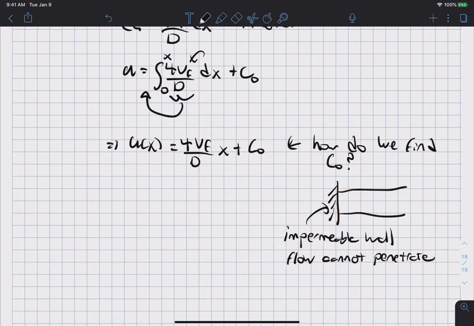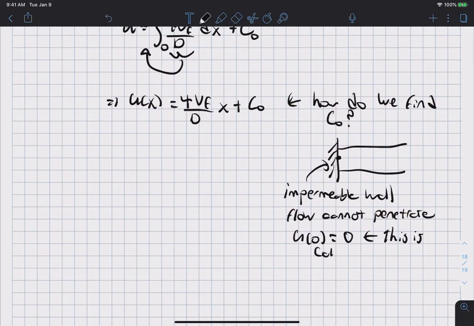So in other words, if this wall is stationary, u at 0, because the flow can't go through it, is equal to 0. Okay, and this is called a boundary condition.